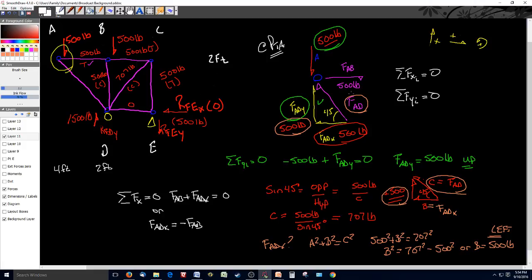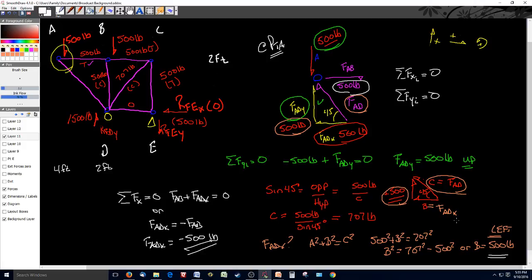FAB is 500 pounds, so FADX equals minus 500 pounds. So two different ways to find the exact same thing. We get the same answer, 500 pounds left. So that's our forces at A, just showing you a little bit of extra math there on how we can do that.